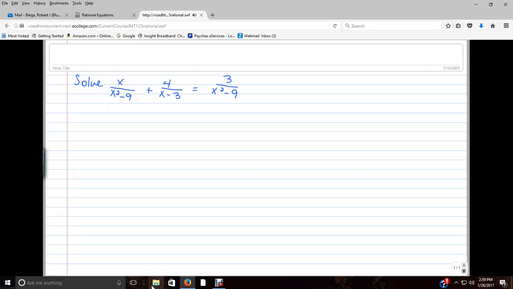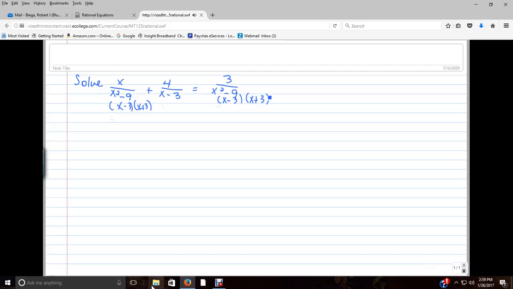The common denominator. So what we have to do first is determine what the common denominator is. Let's notice this first fraction actually factors. This denominator factors as x minus 3, x plus 3, as does the third denominator, x minus 3, x plus 3.